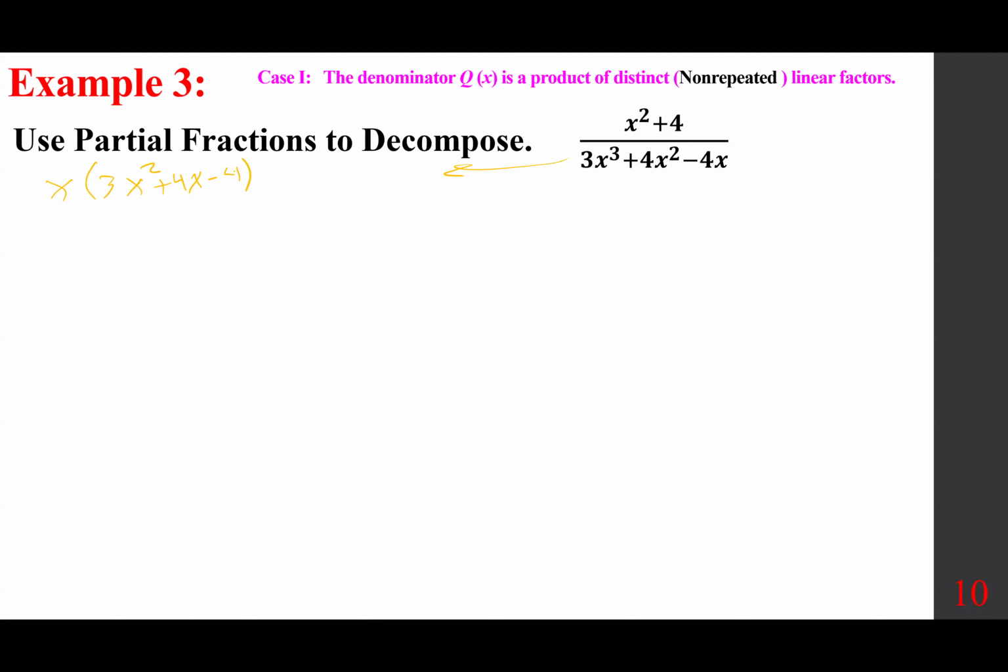And now, this is 3, so you say x times 3x, because this is 3. And then you play with this number. Because this is negative 4, you have no choice but to go with 1 and 4, 2 and 2. But one of them must be negative. Why? Because the product is negative. So you do the trial and error, and you come up with the following answer.